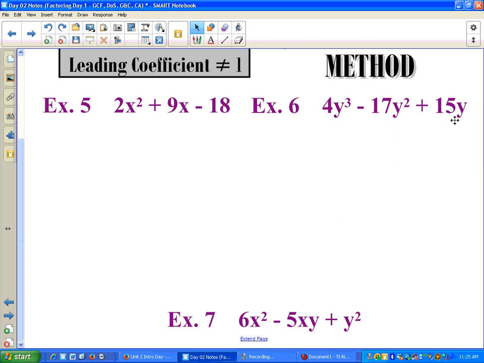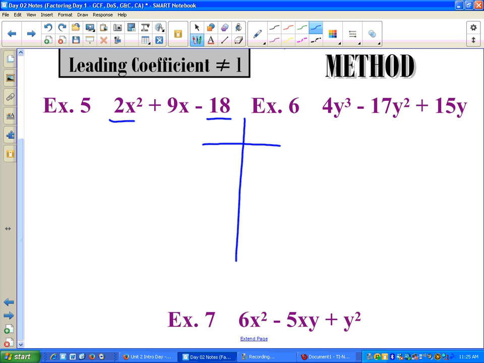Number 5. The thing about a problem like number 5 is I have to take into account not only the C, but the A when I do my multiplication. So instead of this just being a C and the B, what adds to be 9 and multiplies to be negative 18, I need to multiply the 2 and the negative 18.